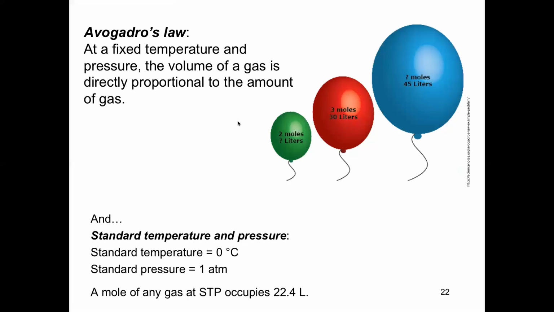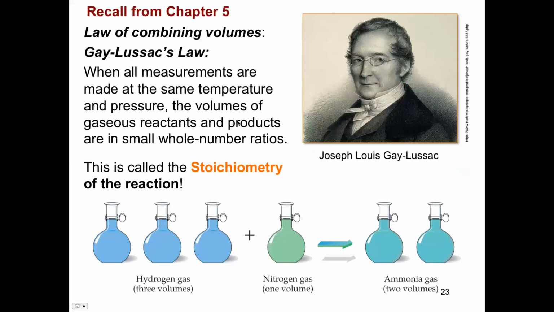Then again, Gay-Lussac's law. We know that when we combine these substances, they're only going to mix at whole number ratios, because as we learned before, you can't make more than you started with. So when all the measurements are made at the same temperature and pressure, the volumes of the reactants and products would always be in whole number ratios.